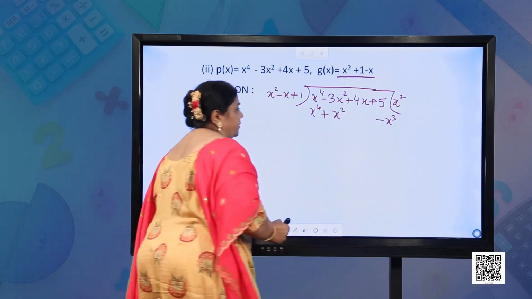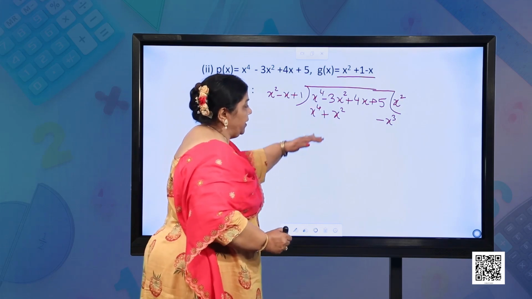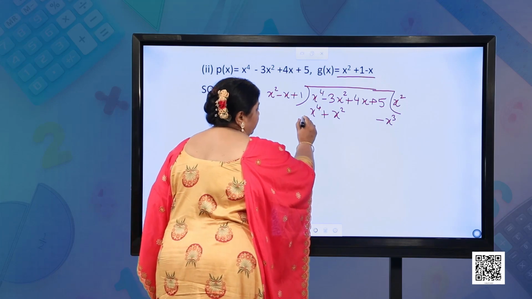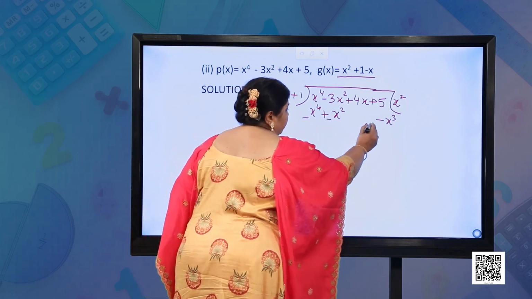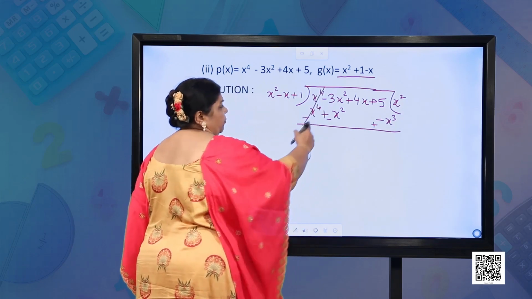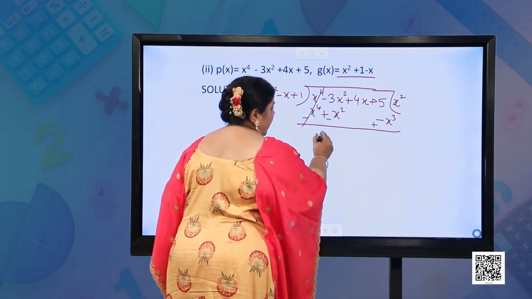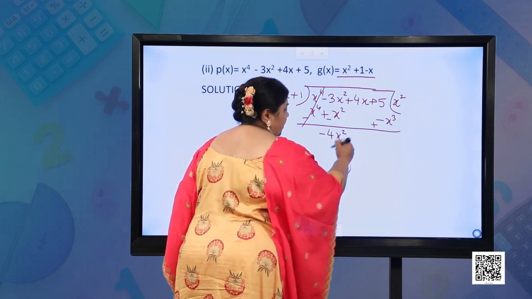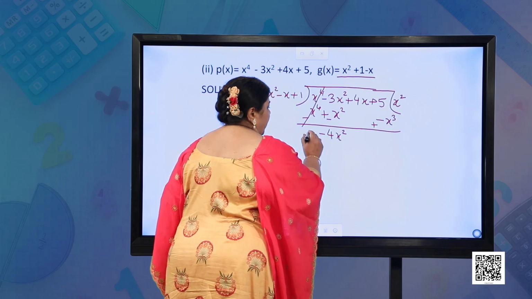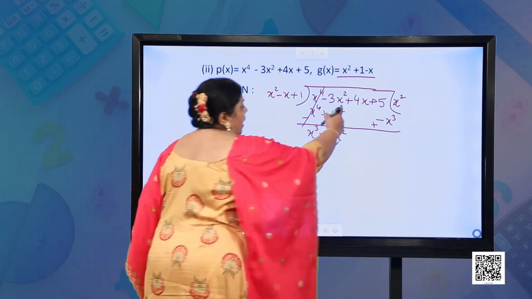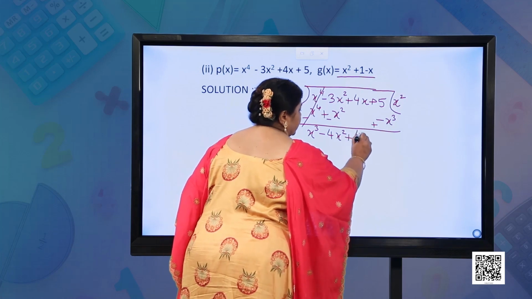Notice that I am writing the similar degrees below the same degrees, that is x to the power 4, below I have written x to the power 4 and if I change the signs, look here, this gets cancelled. What is minus 3x square minus x square? It is minus 4x square. Then comes the next degree here, plus x cube, standard form we will follow, and plus 4x.